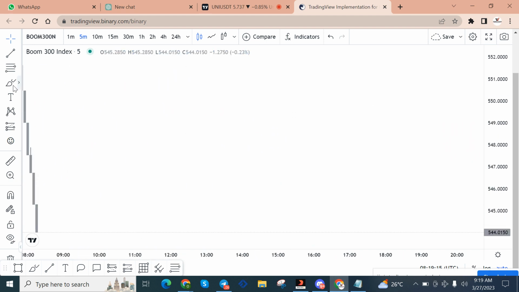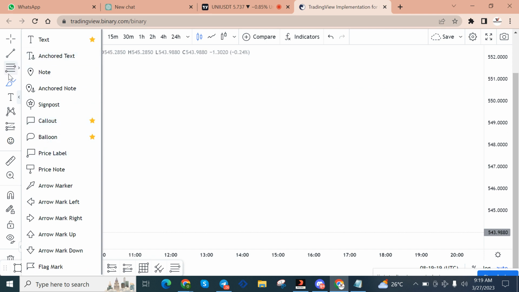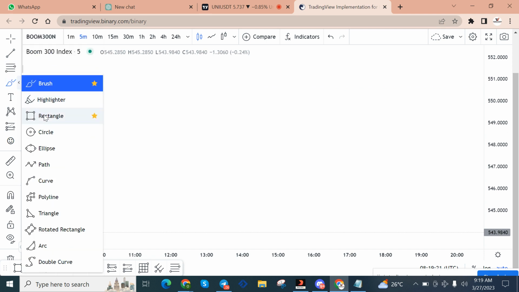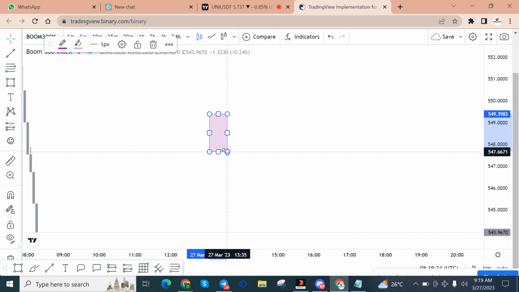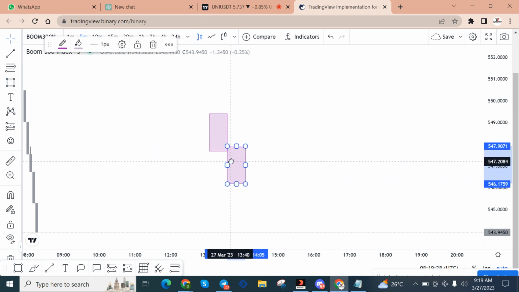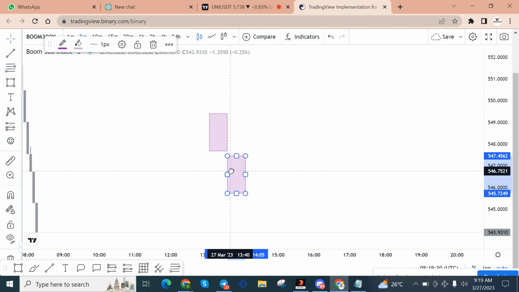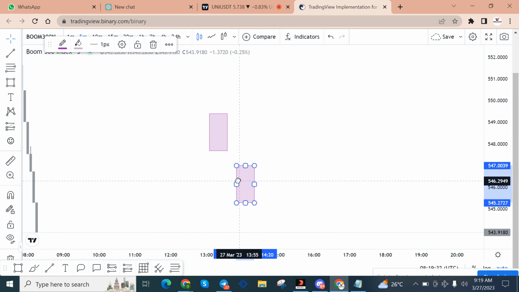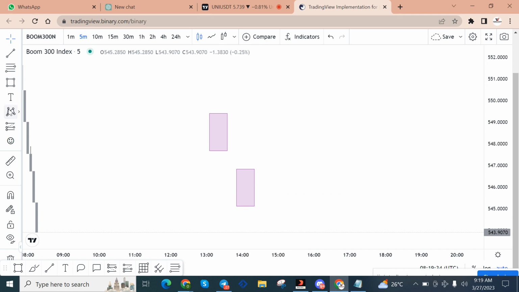Let's say you have a candle like this. I'm just going to be very, very fast about it. You have a candle like this, then you have another candle like this. Now, please follow me closely.